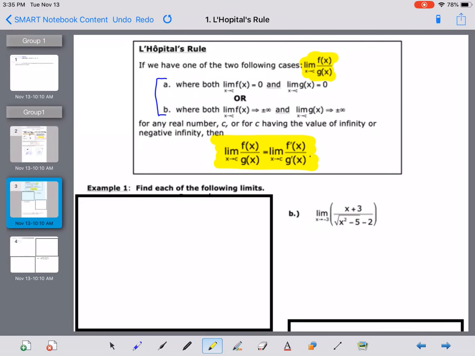Because this is a rule and it has some prerequisites, and those are the things that I showcased in that blue mark up there. Those are requirements that have to happen in order for us to apply L'Hopital's rule. So we always want to check those requirements, and we want to check them independently.